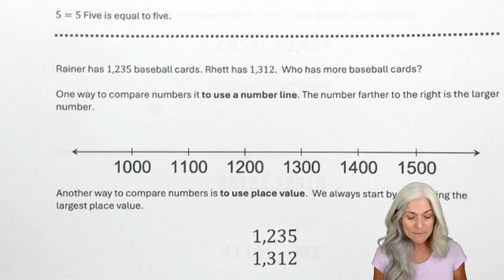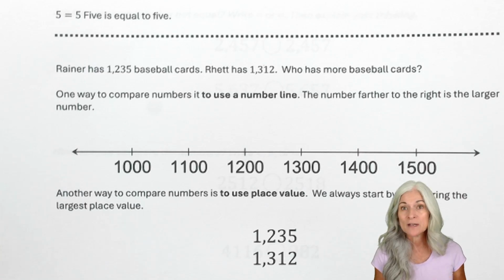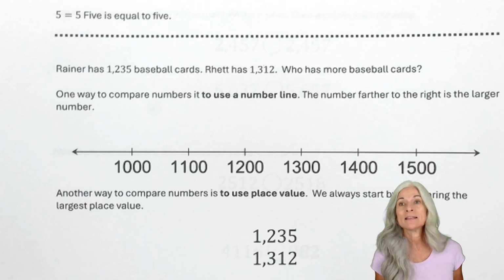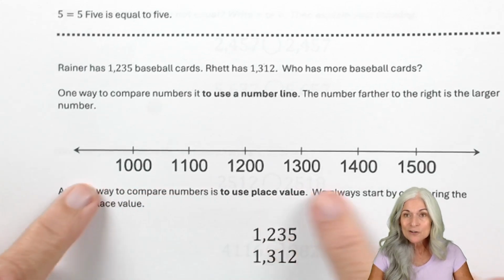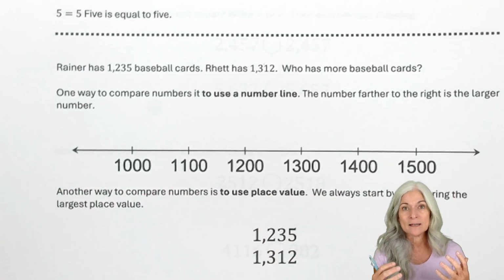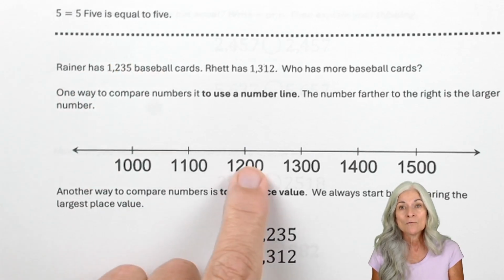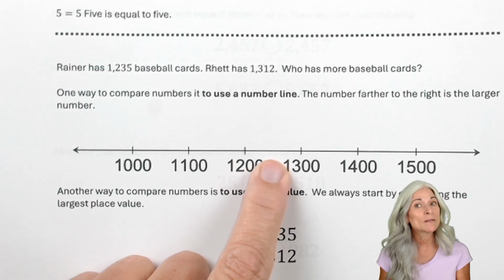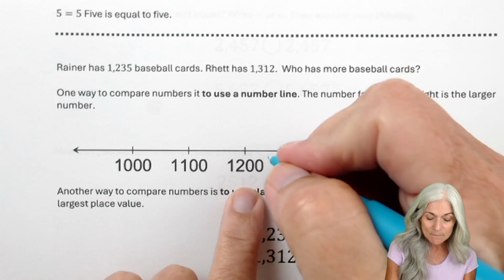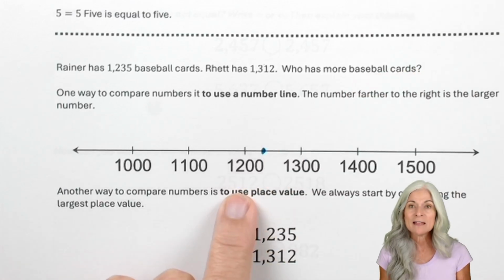Okay, so if they're using a number line, they would place both the numbers on the number line. Here's another thing that I've seen students struggle with, is just the spatial sense of where do I put this number? Like 1,235. Well, 1,250 would be right in the middle. So I'd put it maybe a little bit to the left of the middle.